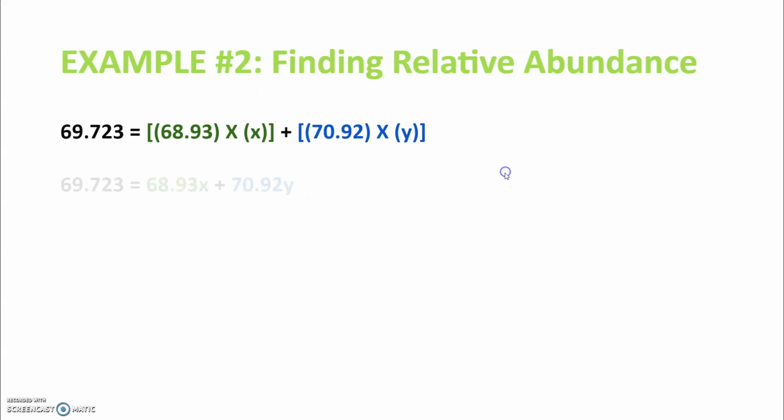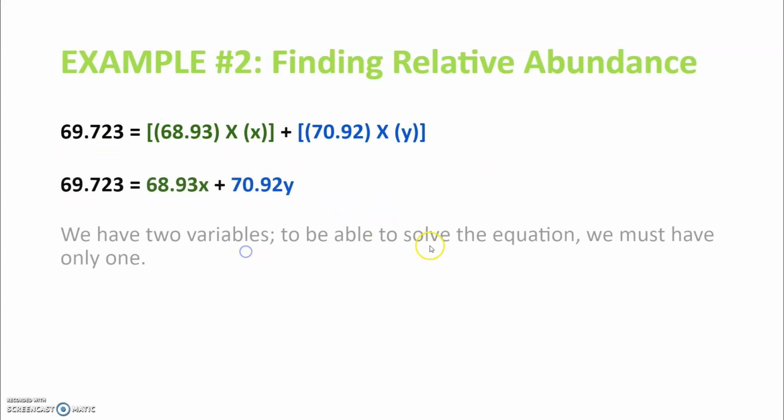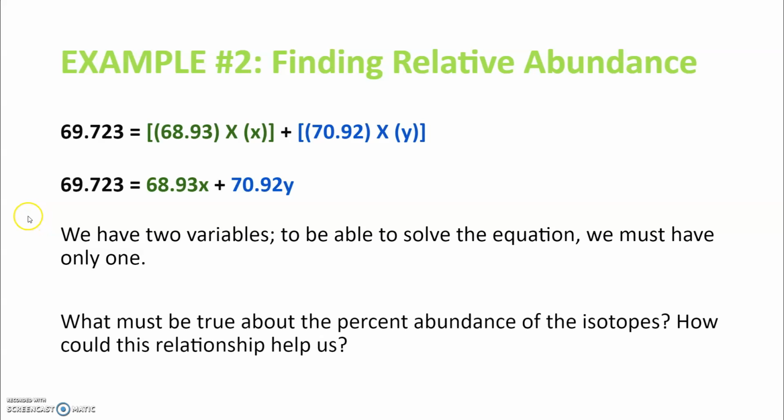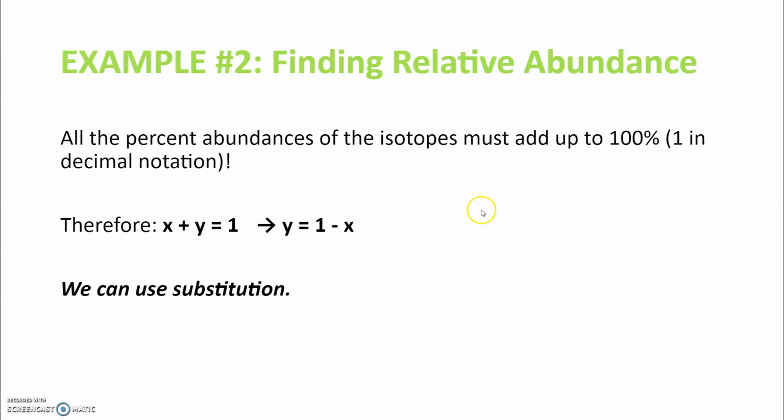Okay, so now I'm just going to simplify that, get all the brackets out of there. And I notice that I have these two variables, and I really need one variable to be able to solve the problem. So we have to think about what has to be true about the percent abundance of the isotopes in order to solve this equation. The key here is that all the percent abundances have to add up to 100%.